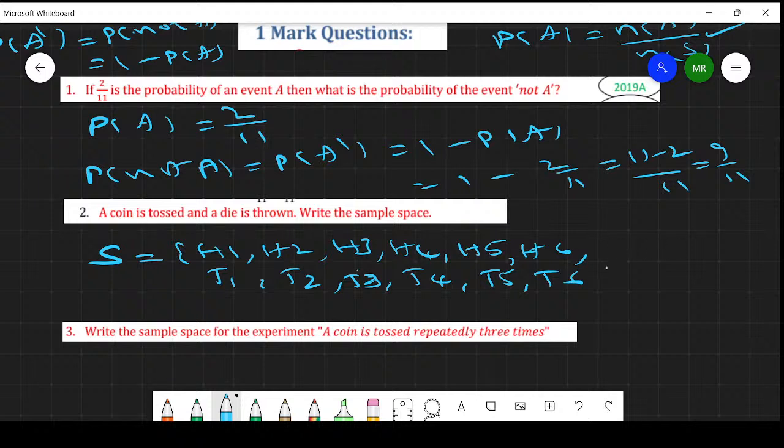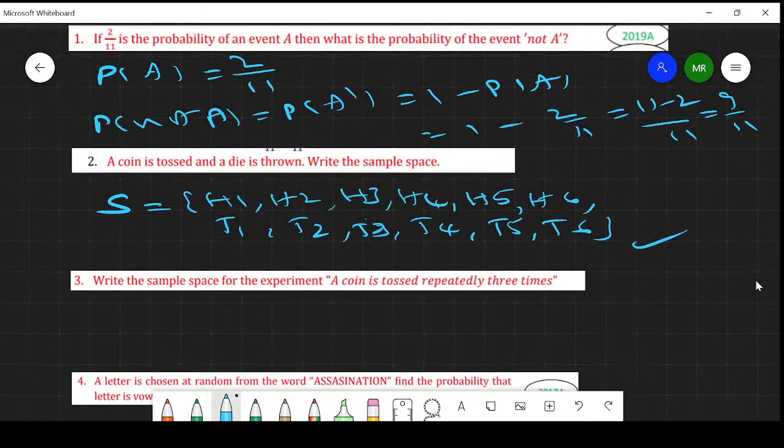Like this, in total you will get 12. This is the sample space: H1, H2, H3, H4, H5, H6, comma, T1, T2, T3, T4, T5, T6. These are the sample space for when a coin is tossed and a die is thrown.